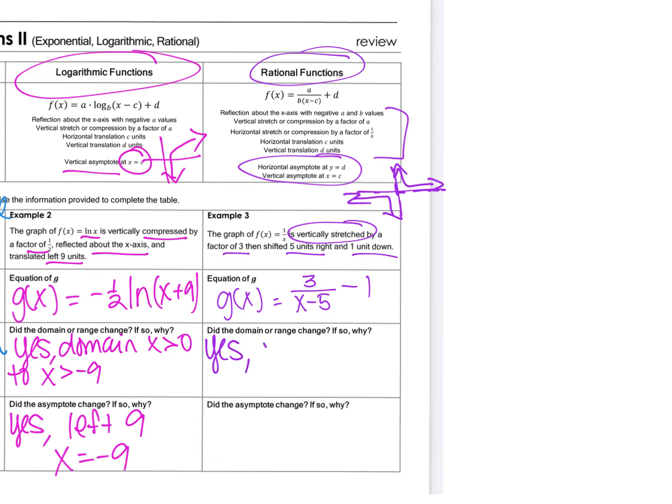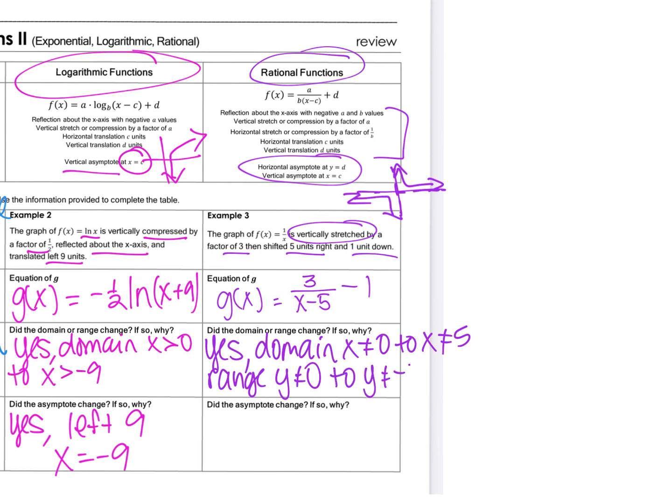My domain was originally x cannot be 0, but now it's x cannot equal 5, because it went right 5. My range is normally y cannot equal 0, but since we went down 1, now it's y cannot equal negative 1.